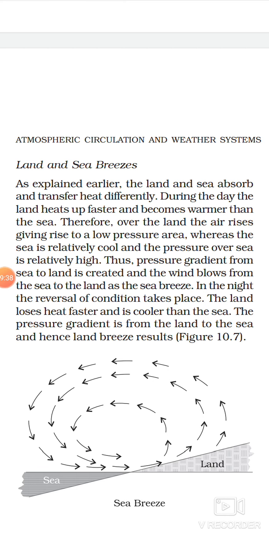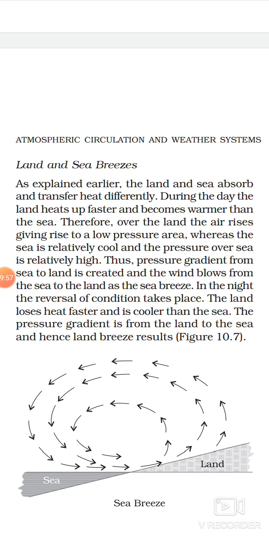So the water will also get heated and will try to evaporate, and high pressure would be created on the surface of the seas and oceans.